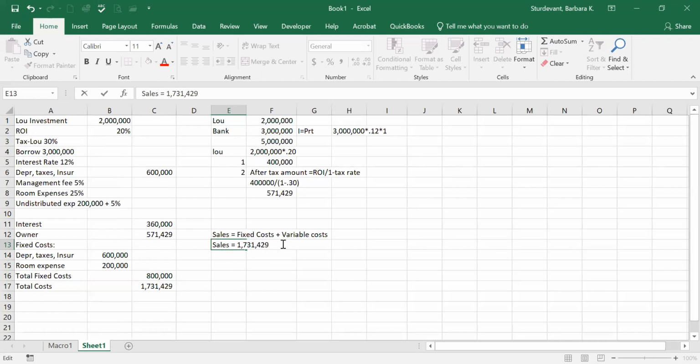Okay, and then we're going to add anything up here that varies on sales. We have a management fee, which is 5%. We have room expenses, which are 25%. We have, you guys didn't correct me, that's undistributed expenses.